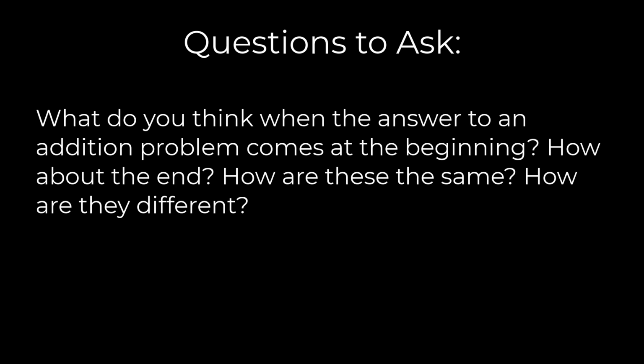After students have had some time to work out a few problems and share their ideas, remember to listen and don't correct, don't judge. It'll help you assess where to go next with your instruction. Here are some questions you can ask them at the end.